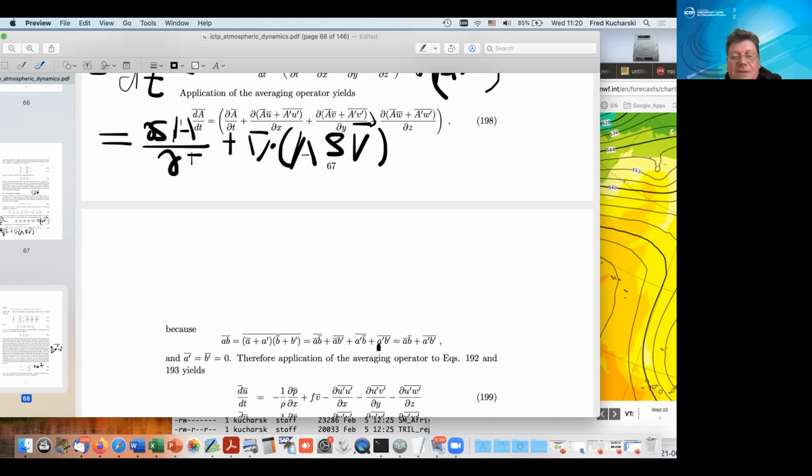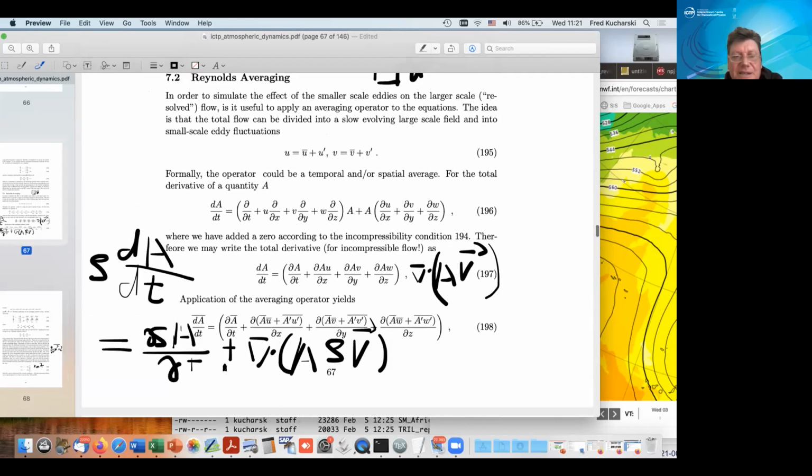This term is relevant, but the mixed terms between average and fluctuations averaged are zero, because the average can be taken out, and then A primed averaged and B primed averaged are identically zero. That is the definition of these Reynolds averages. The average over a perturbation quantity, defined as perturbation from the average, has to be zero.